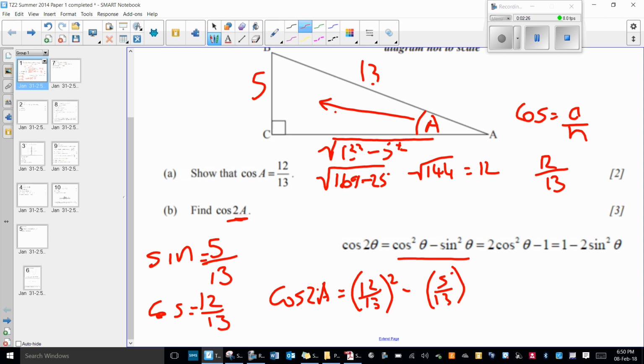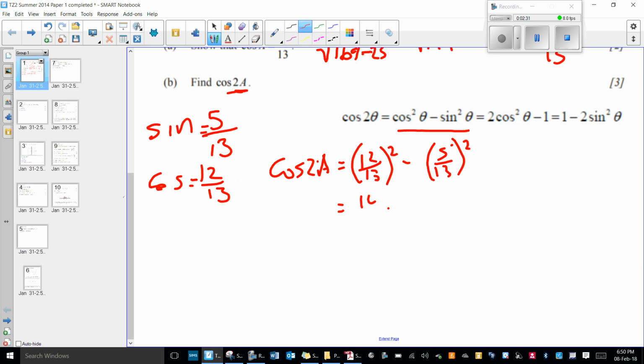So that's 144 over 169 minus 25 over 169, which is 119 over 169.